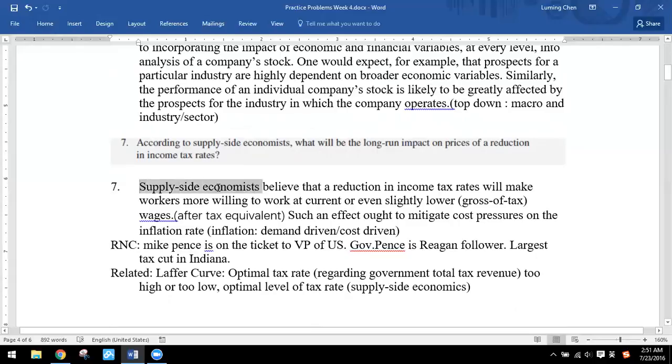Supply-side economists believe that a reduction in income tax rates will make workers more willing to work at current or even slightly lower wages, which is the effect of tax equivalence.